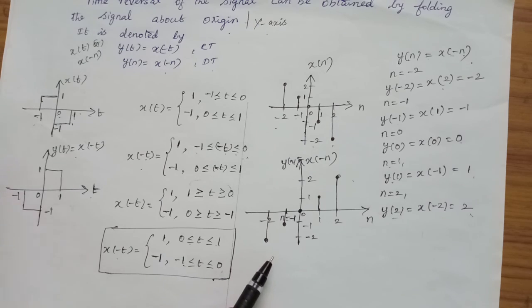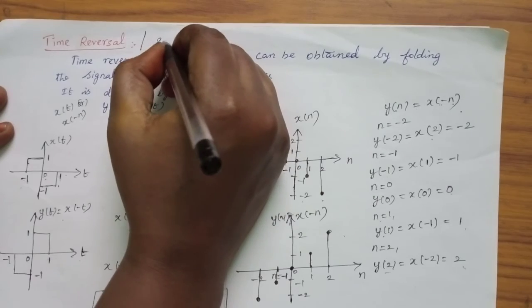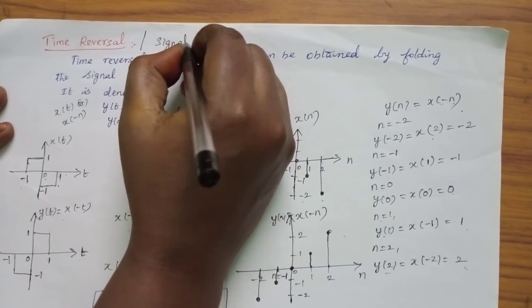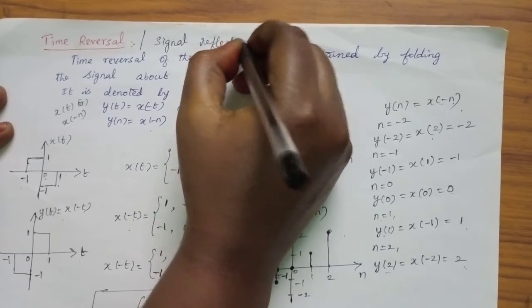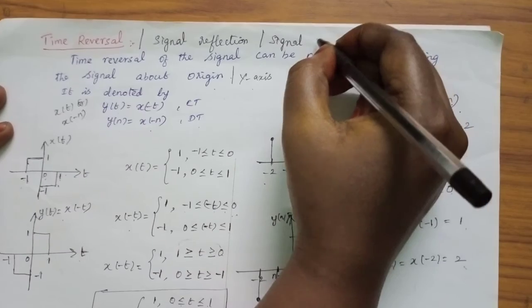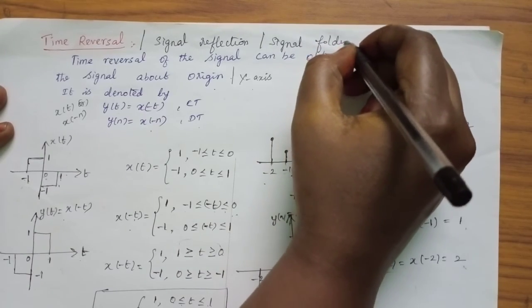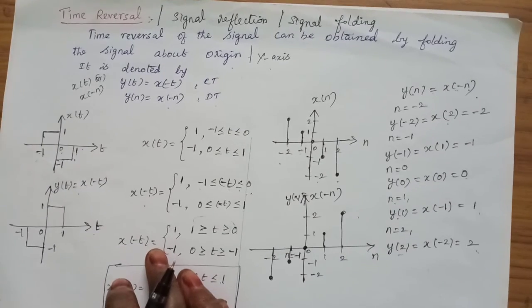So this process can also be called signal reflection or signal folding, because we are folding the signal about the vertical axis.